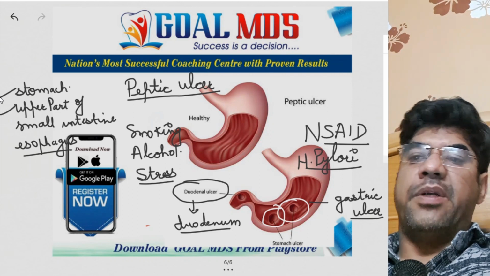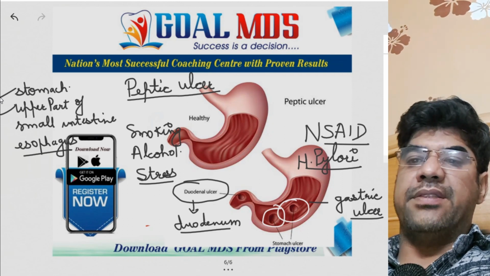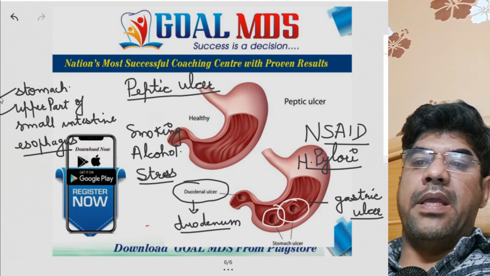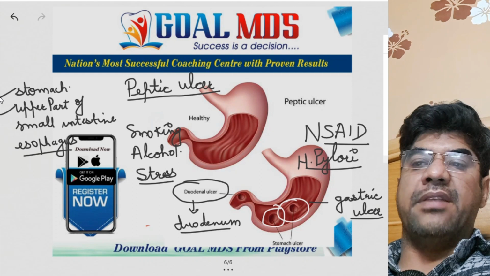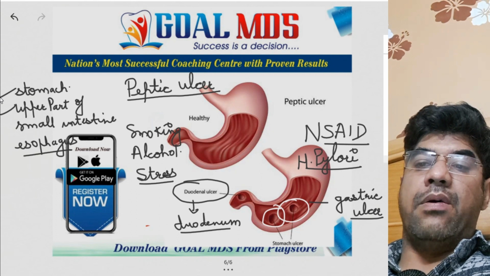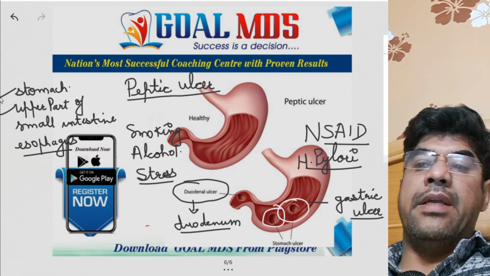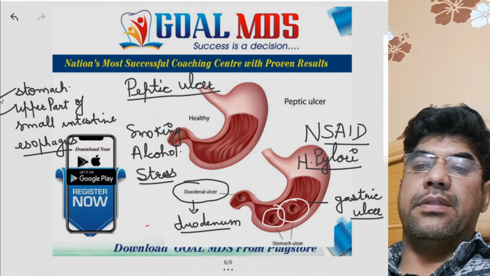So the main difference between peptic ulcers and duodenal ulcers lies in the location. Peptic ulcers can cause burning pain in the stomach that may be worsened when the stomach is empty or at night. The pain is relieved by eating or taking antacids.